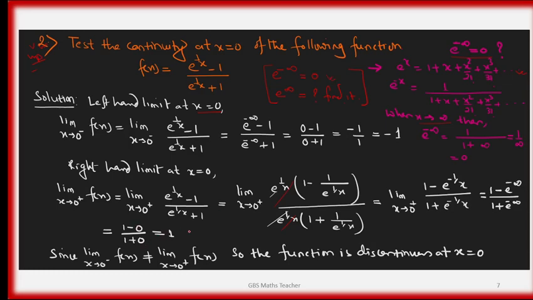This gives (1 - 0)/(1 + 0) equal to 1/1 equal to 1.